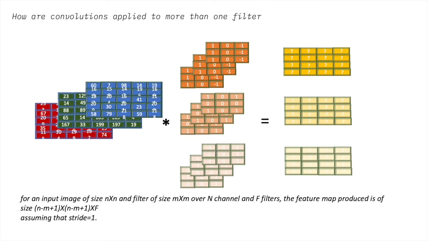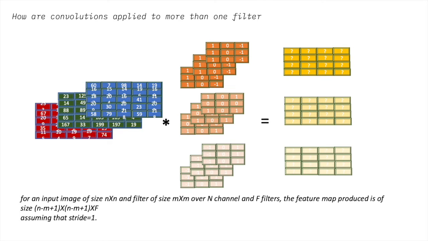Let's now look at how convolutions are applied to more than one filter. The first example that we saw was an edge filter, and we applied that over the RGB channels, and it gave us a 4 cross 4 matrix. Now, an image can have multiple features. For example, an image of an apple can have features to capture the edges, which are probably on the oval end.